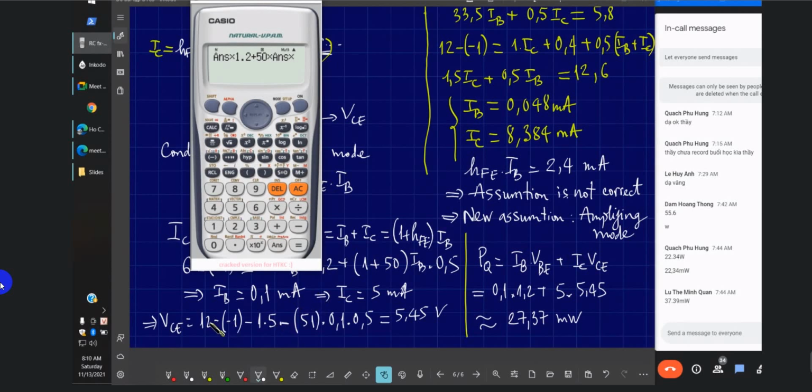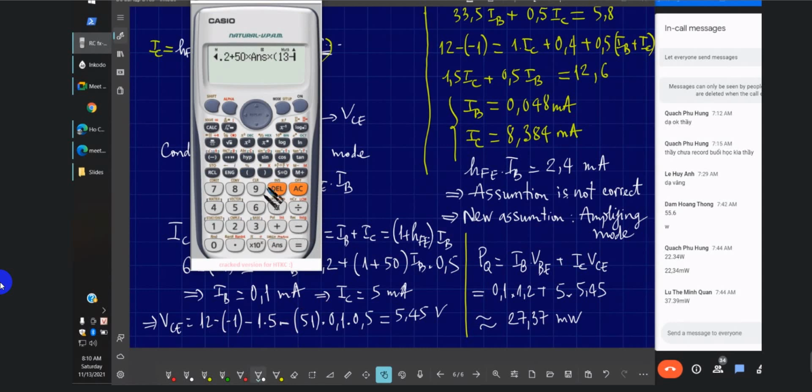I have to get the VCE for 13, I want it to be the exact value.